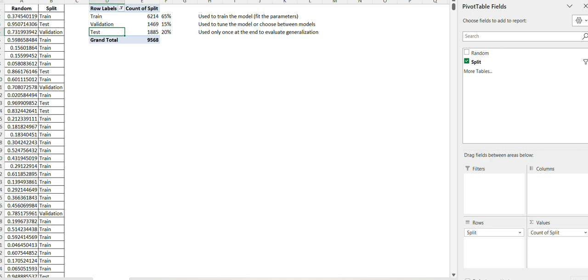Validation we use to tune the model and choose the correct model, which you will see in the upcoming discussions. And the test set we use only once, after we have chosen the correct model, to evaluate that model.